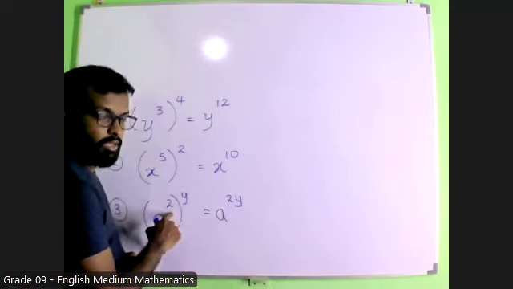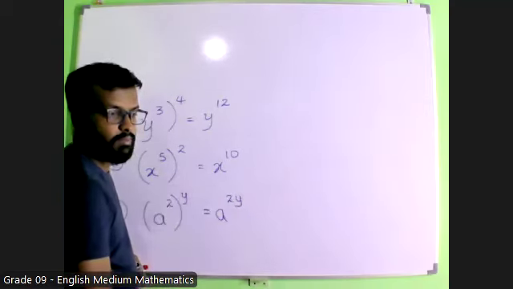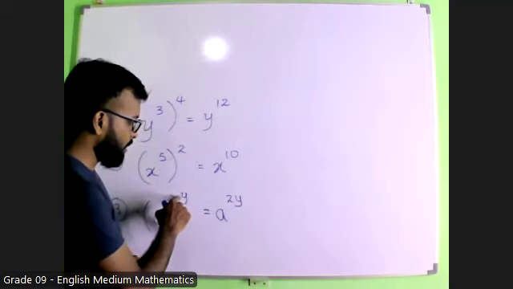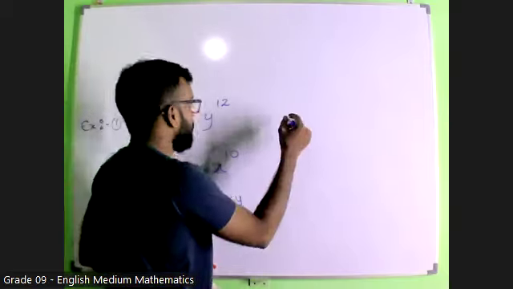You have to multiply. A to the power 2y. You have to get the multiplication, 2 times y. That's all.